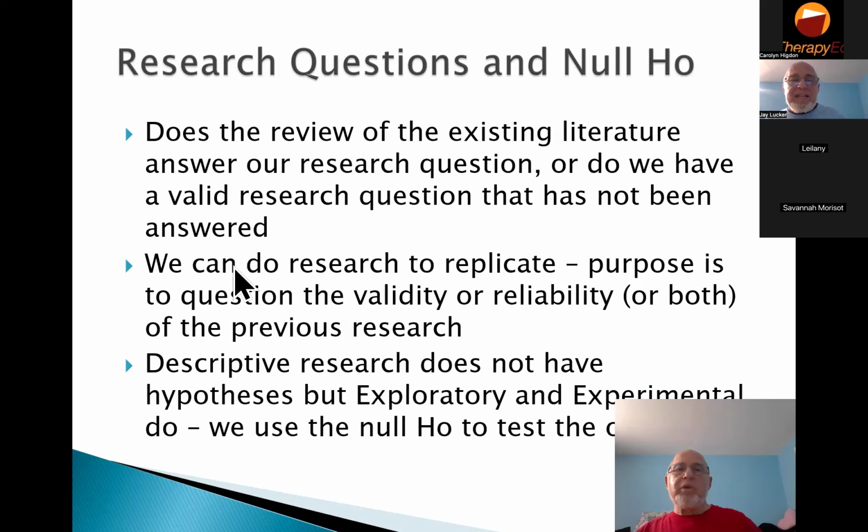What we may do is try to replicate the norms, or replicate a research study that was already done, and redo it just to see, is it truly valid? Well, if the researchers found it with, let's say, 25 subjects, and we now do it with 25 subjects, we should find the same kinds of improvements, the same kinds of changes.